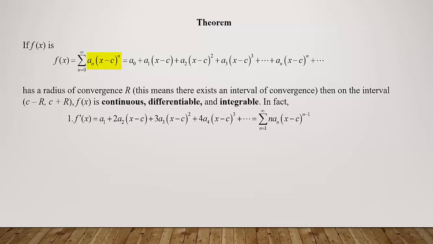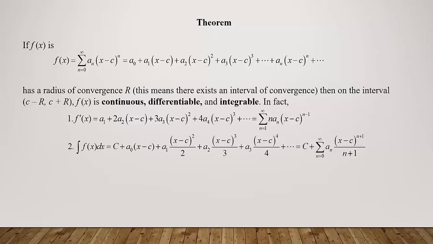So when you differentiate a sub n quantity x minus c to the n, you just use the power rule. n comes out front, subtract 1 from the exponent. So rather than go through term-by-term differentiation, we can differentiate the series notation itself and say that f prime of x equals the series n equals 1 to infinity, n times a sub n quantity x minus c to the n minus 1.